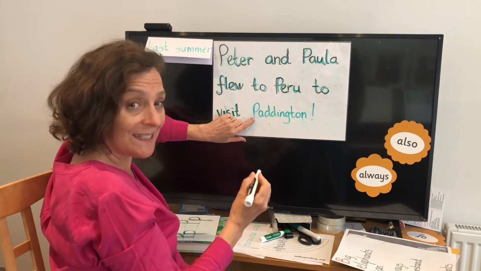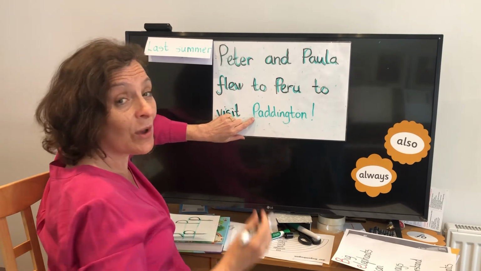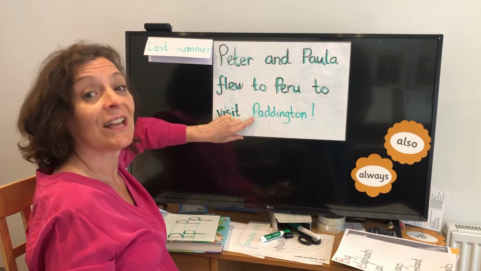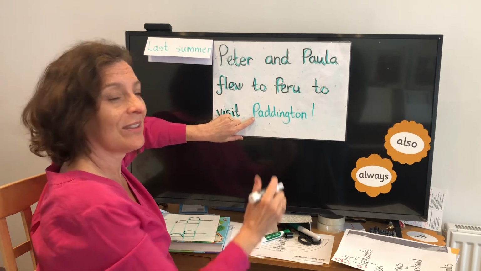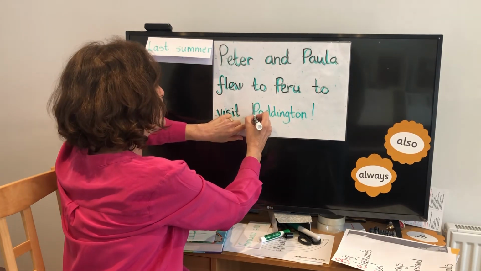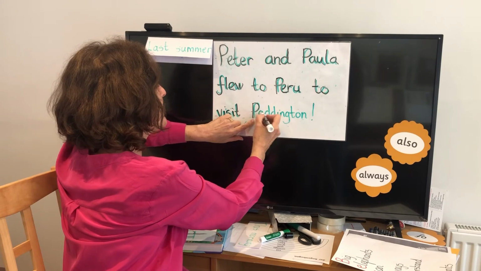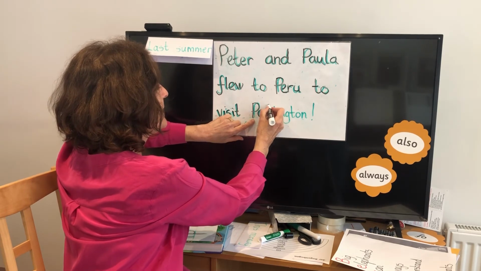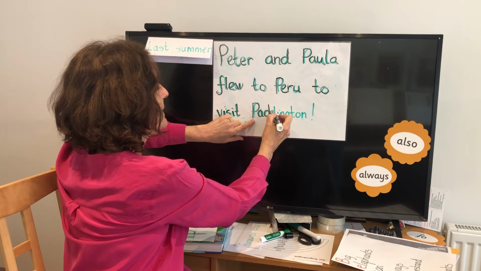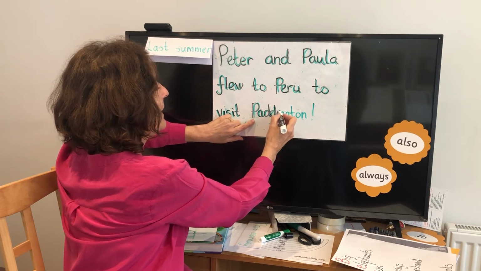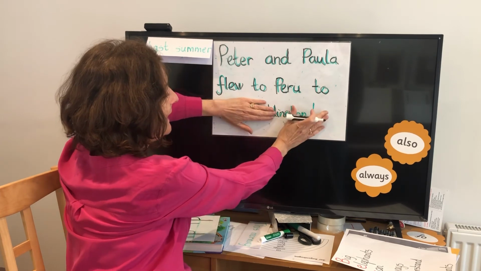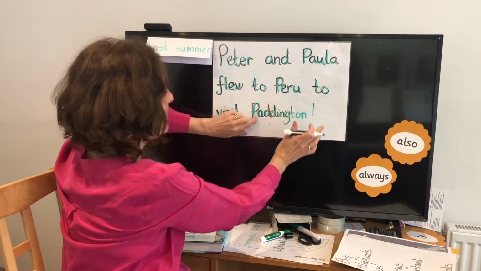And then Paddington, because it's the name of the bear, it's also the name of a very famous train station in London. So you might want to look that up on your map. Top to bottom, lift, round, A, D, D, I, N, G. And we know that I and N and G say ing in words.